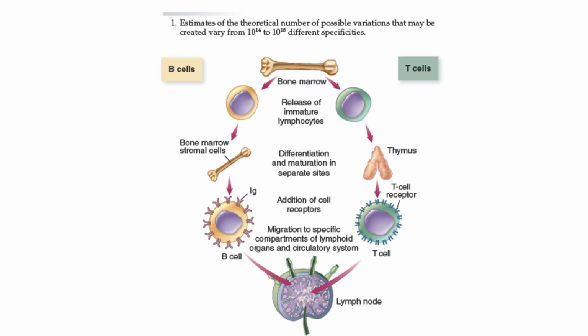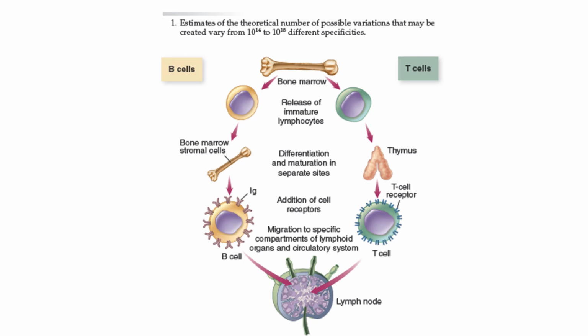So any given B cell has 100,000 copies of a distinct IgD, and the B cell next door has a completely different set of IgD. Another 100,000 copies, a totally different set, and the estimate is that there can be 10 to the 14th to 10 to the 18th different kinds of antibody made.